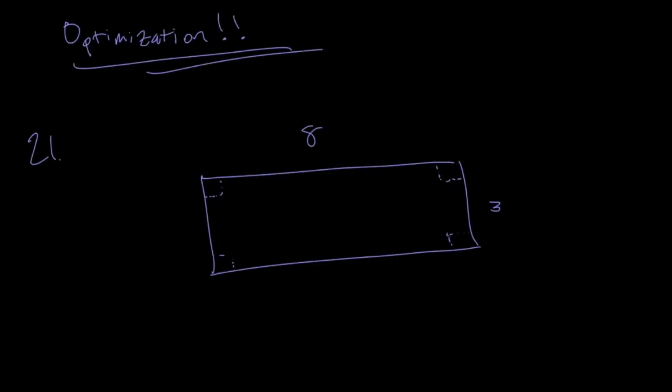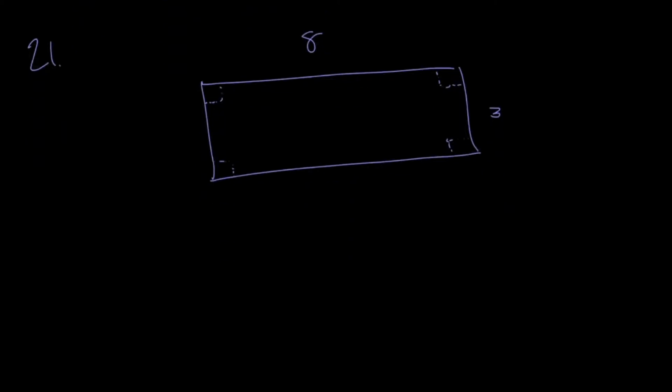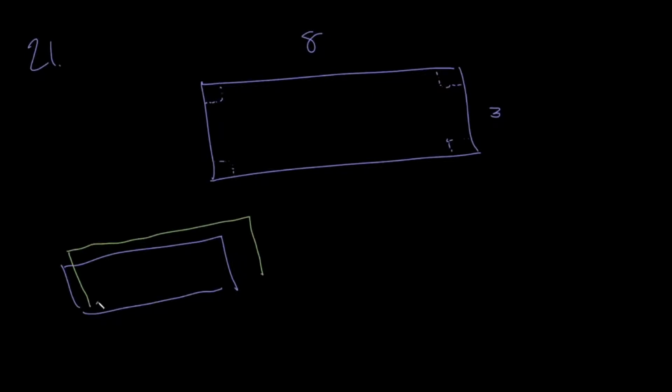So that means we're going to end up with something that looks like this. I don't expect you guys to be artists either, because I'm sure not. We're going to have something box-like.